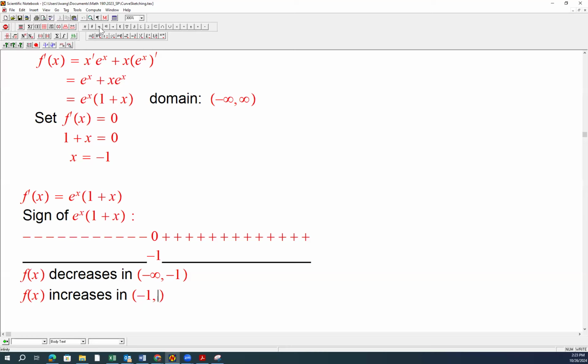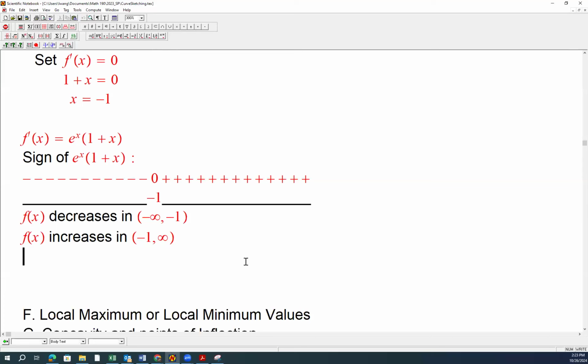Actually, the local minimum is already determined at -1, okay?